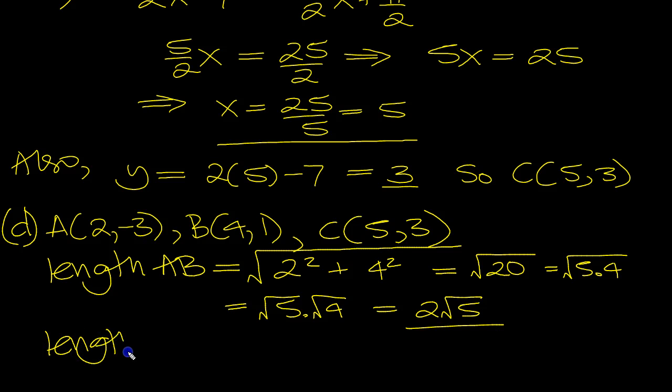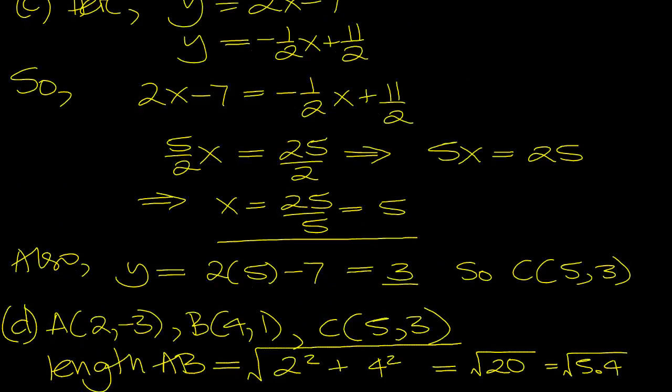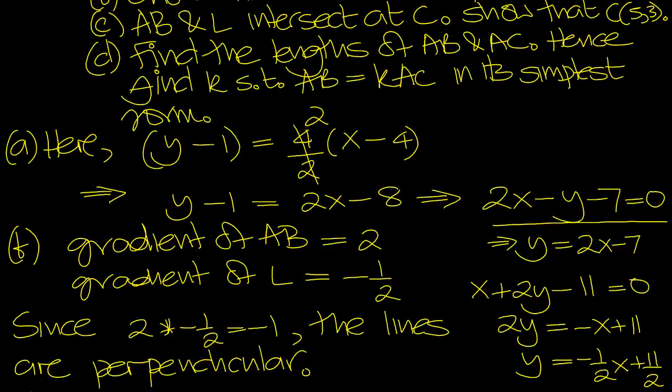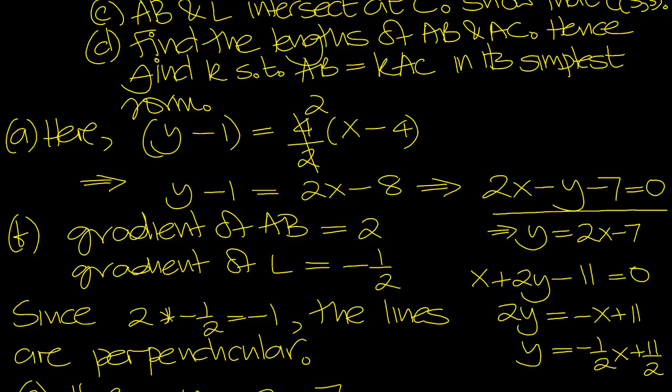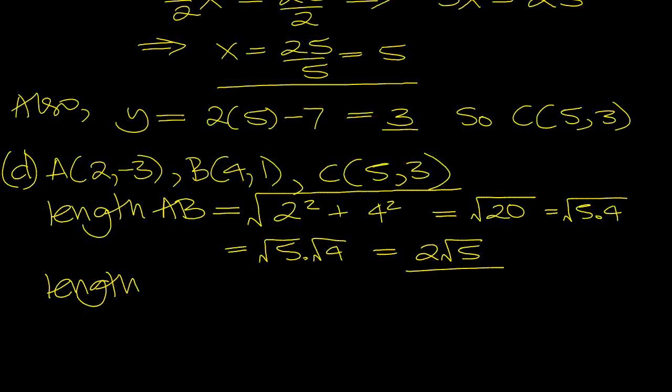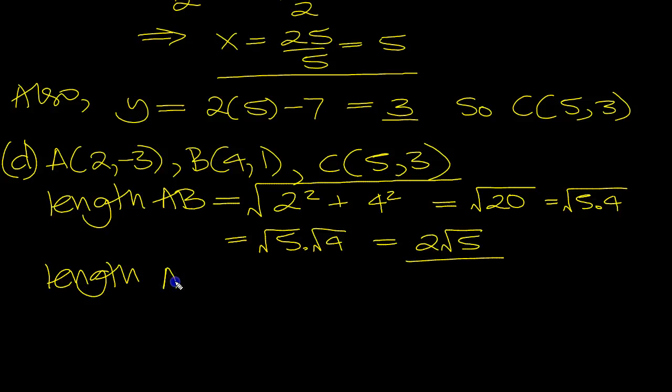Now what did they want? BC? Let's go back up and check. AC we want to find. Same again, square root, Pythagoras, the difference between the sides. A to C is a difference of 3, so that's 3 squared.